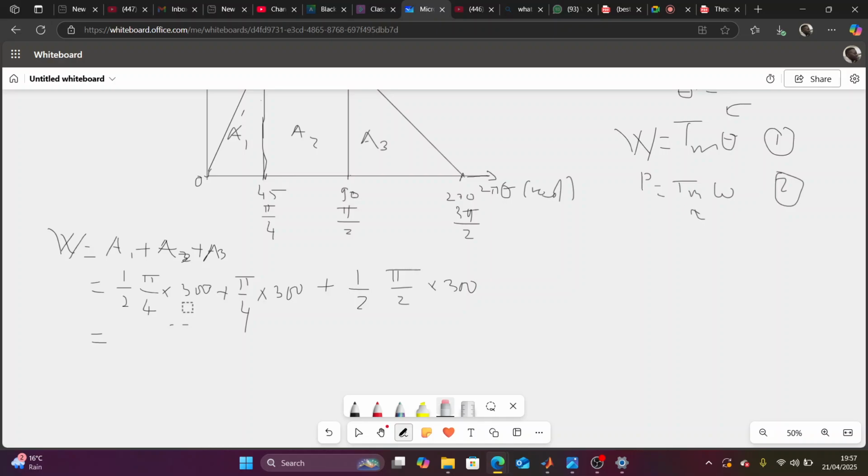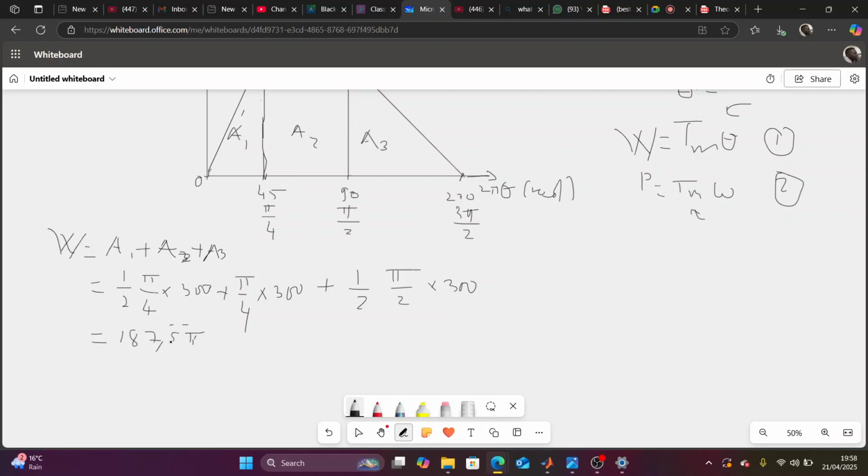Still 187. What am I doing wrong? Oh, we need 187 pi, right? Yeah, 187 pi over 2. Me, I'm getting 187 pi. What is going on? In the textbook here, they are getting 262.5. What's happening?